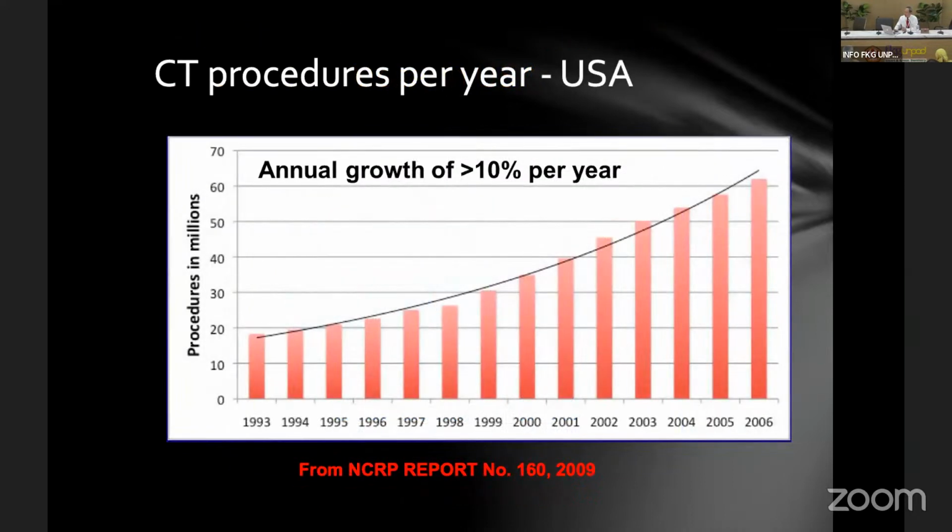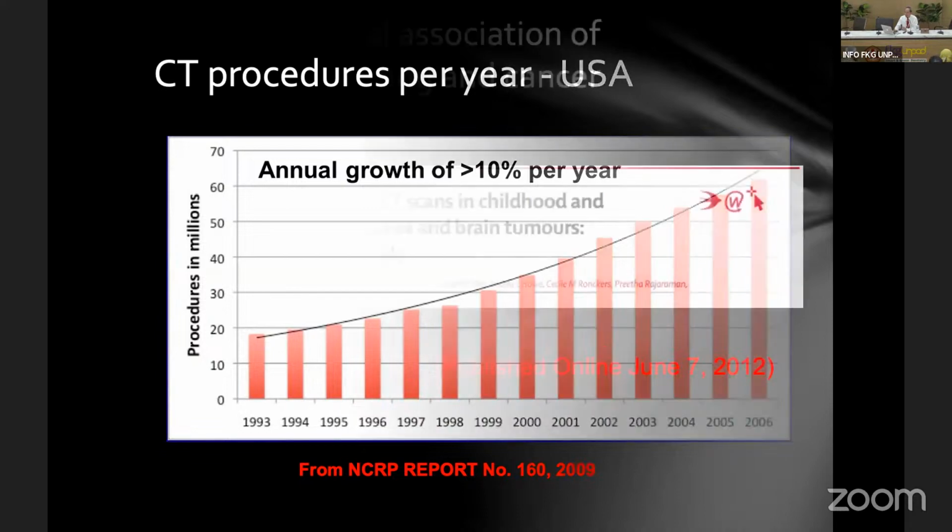The major contribution is from CT. Looking at 1993 to 2006, the annual increase in procedures was about 10% for CT. So that's probably the contributor to the increased radiation exposure in the United States.